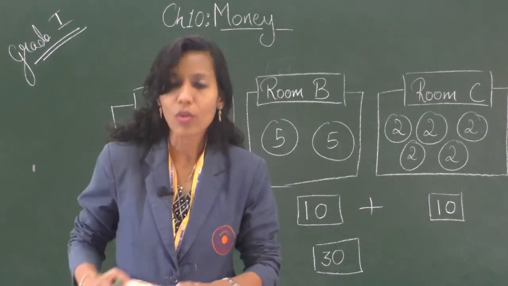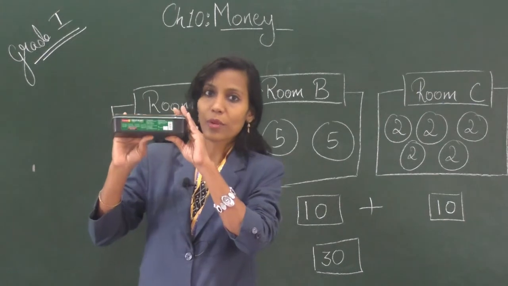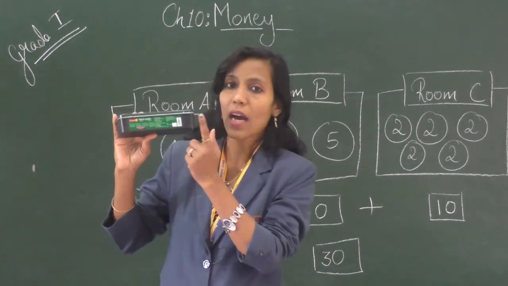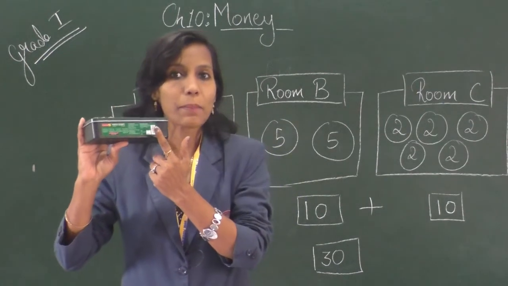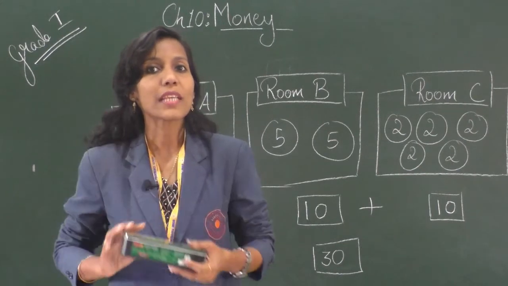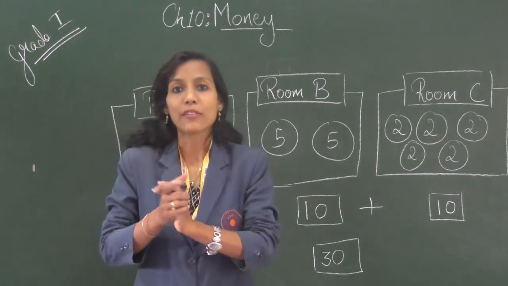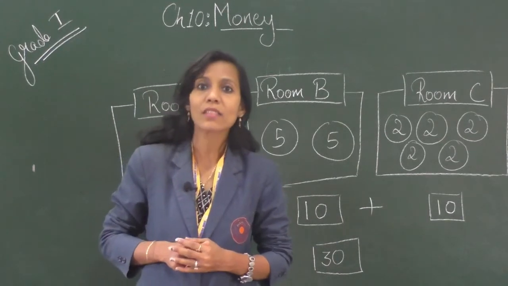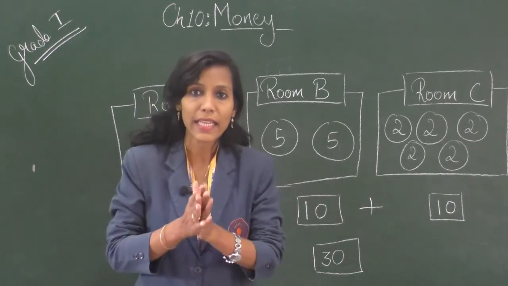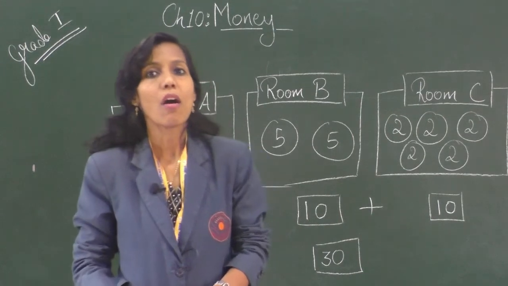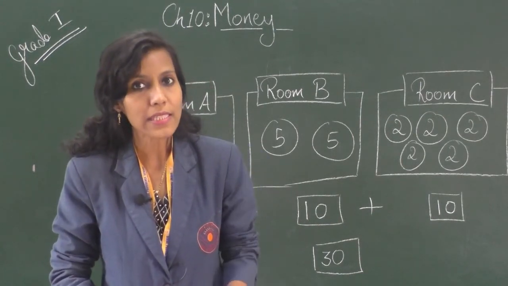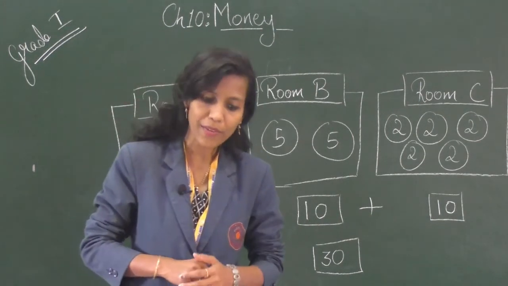The price of the objects is mentioned on the packet of the items bought. So you have to find out the prices and add them to get the total of the products purchased by your parents.